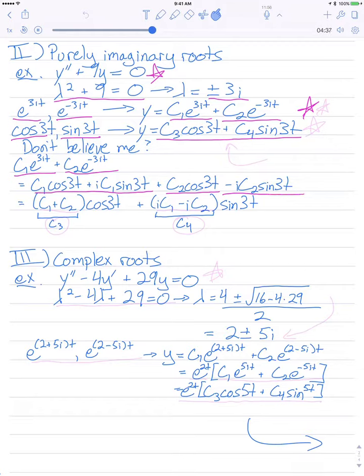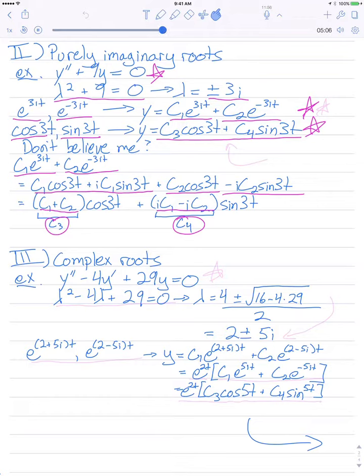Alright, so then what we're going to do is just organize terms by cosine and sine. If I gather the cosines together, I get c1 plus c2 times cos 3t, and if I gather the sines together, I get i c1 minus i c2 times sine 3t. I give each combination of arbitrary constants a new name, and that gives us this solution here, c3 cos 3t plus c4 sine 3t.